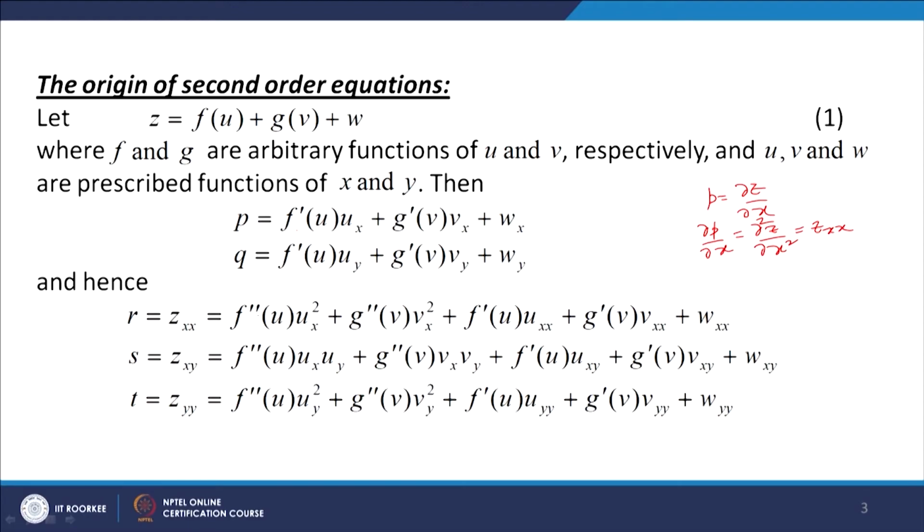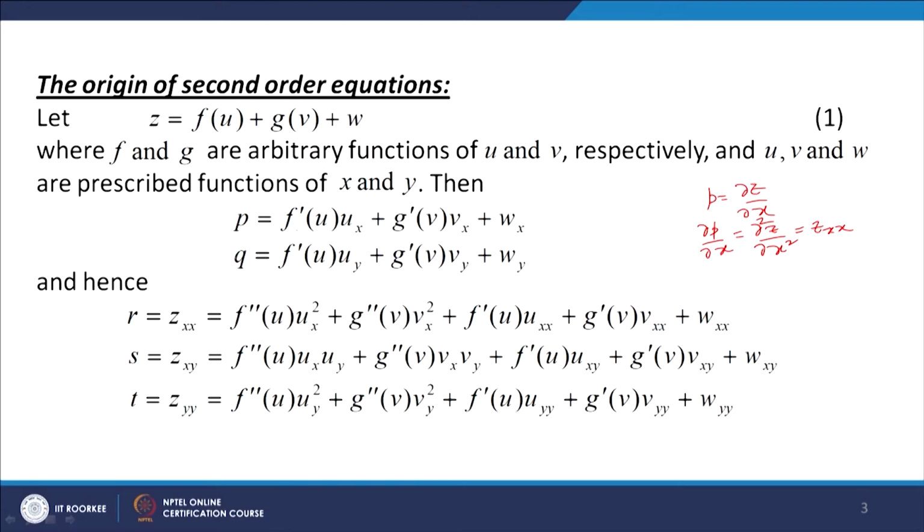So f double dash u into ux into ux, that is ux square, then f dash u into uxx, and g dash v into vx. When we differentiate with respect to x, we get g double dash v into vx into vx, so vx square, and then g dash v into vxx, and this wx gives you wxx.